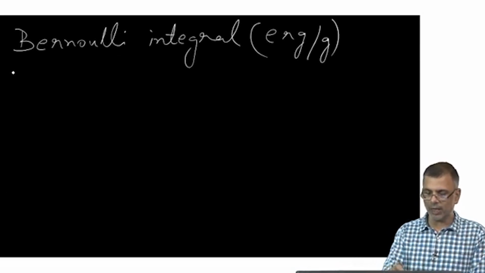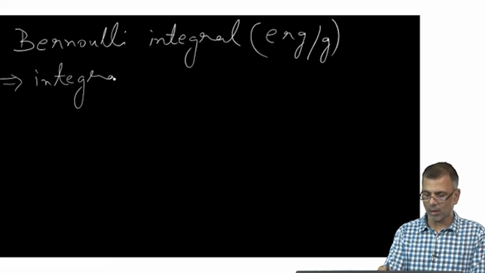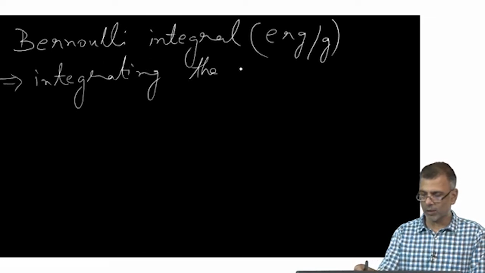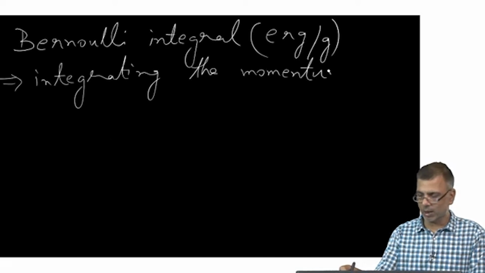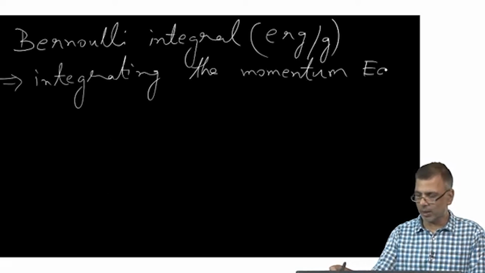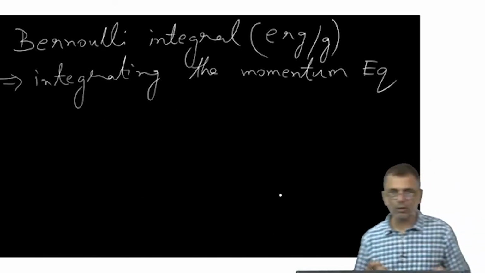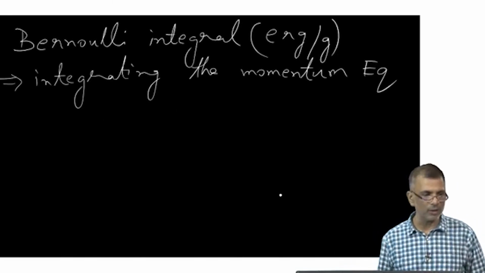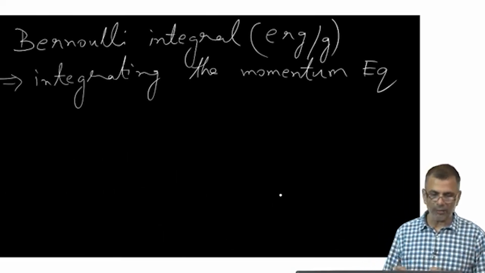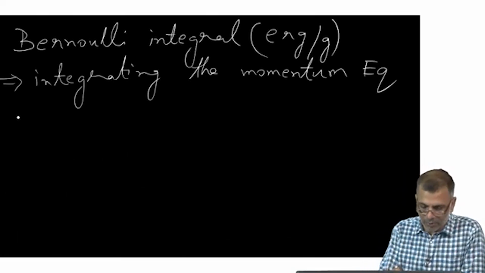This is obtained by integrating the momentum equation, which we've written down many times before, especially in the context of quasi-spherical accretion. You integrate that, and the result would be something like this.